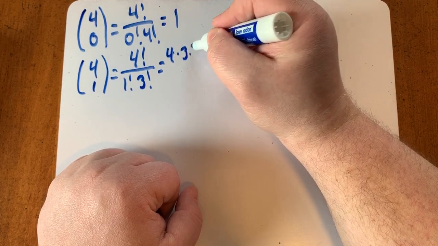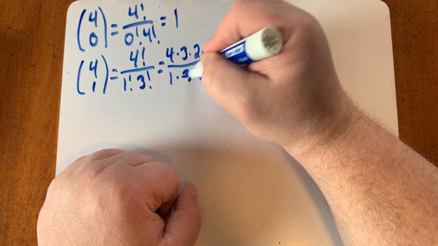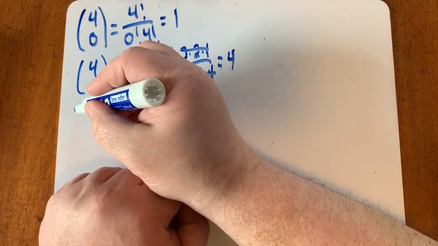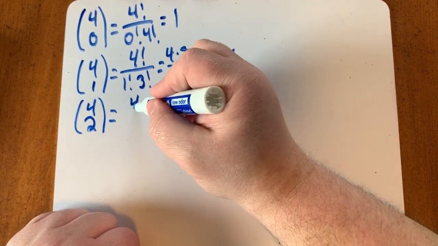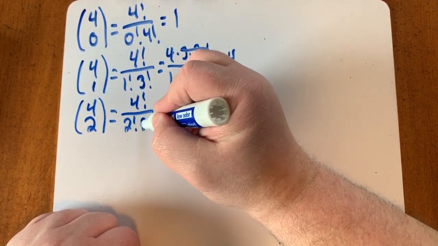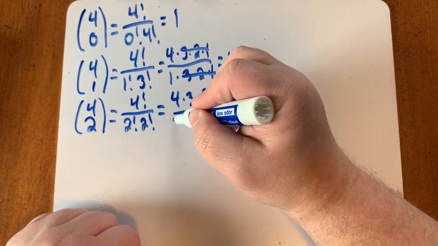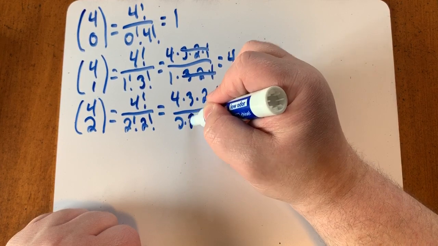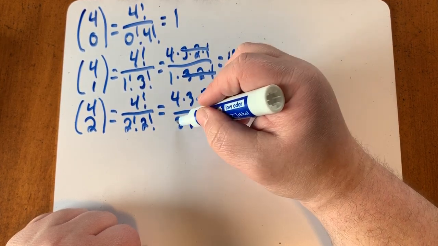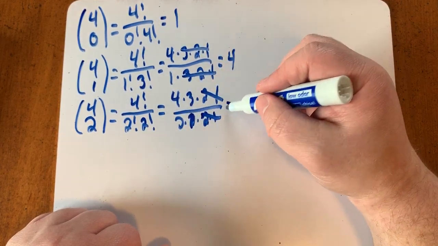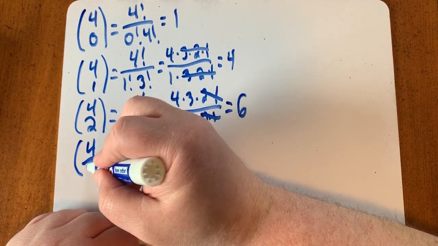It's 4 times 3 times 2 times 1 over 1 times 3 times 2 times 1. Those divide off, leaving us 4. 4 things taken 2 at a time, 4 factorial over 2 factorial, 2 factorial. 4 times 3 times 2 times 1 over 2 times 1 times 2 times 1. So those divide off. And then 4 times 3 is 12, divided by 2 is 6. Oh, more than halfway there. 4 choose 3.